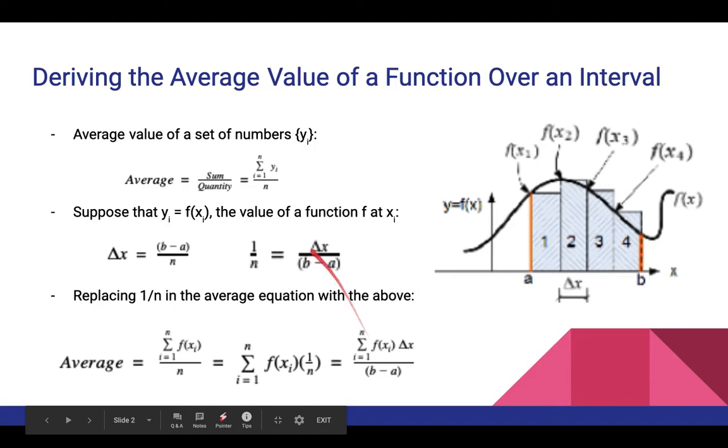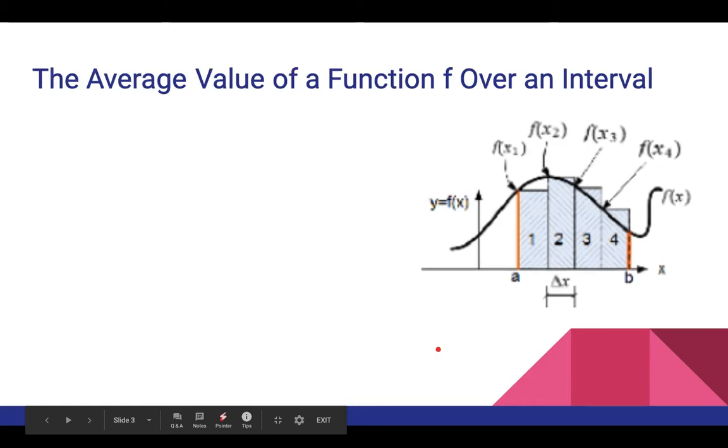We replace yi with f of xi, and we replace 1 over n with delta x over b minus a. So this is the equation that we've arrived at so far for our average value. It looks pretty ugly right now, but it's going to condense down to a very nice result on the next slide.